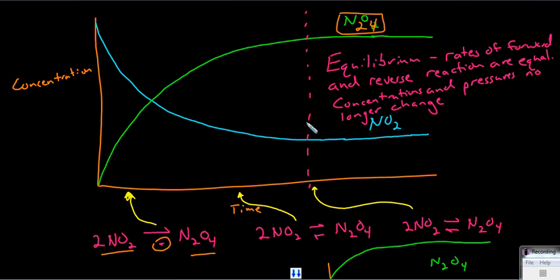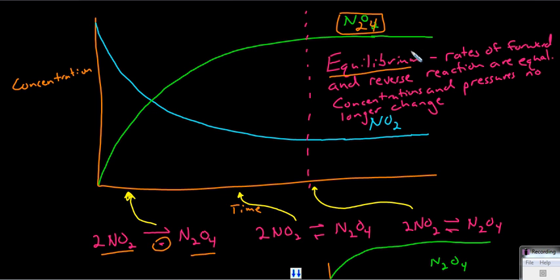At that point, the concentrations of your reactants and products will no longer change. This is called a state of equilibrium, when the rates of the forward and reverse reactions are equal.